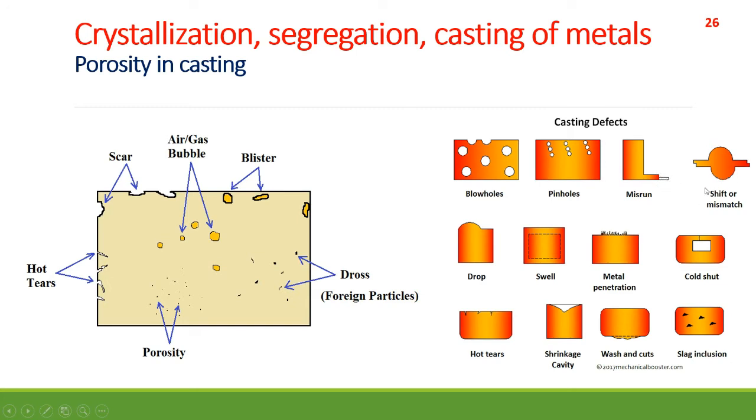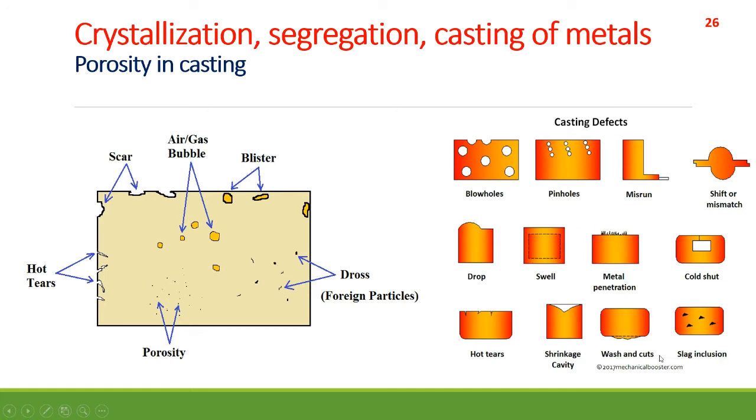This kind of defect is shift or mismatch. This is a drop, this one is swell, this is metal penetration. See, the metal has penetrated inside the pores of the casting or the mold. And this is a cold shut.